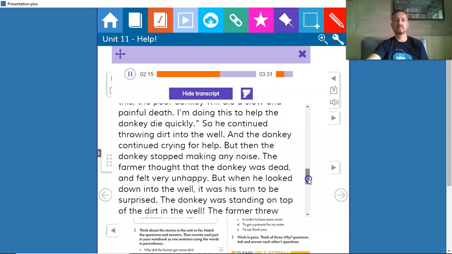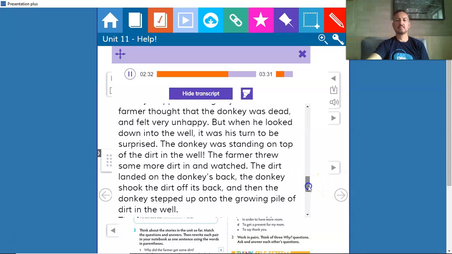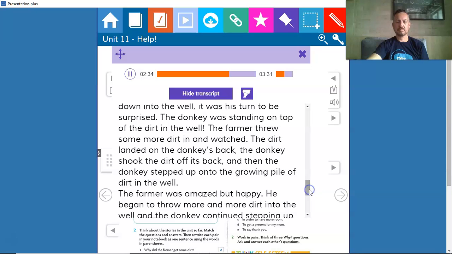But then the donkey stopped making any noise. The farmer thought that the donkey was dead and felt very unhappy. But when he looked down into the well, it was his turn to be surprised. The donkey was standing on top of the dirt in the well. The farmer threw some more dirt in and watched. The dirt landed on the donkey's back. The donkey shook the dirt off its back, and then the donkey stepped up onto the growing pile of dirt in the well.